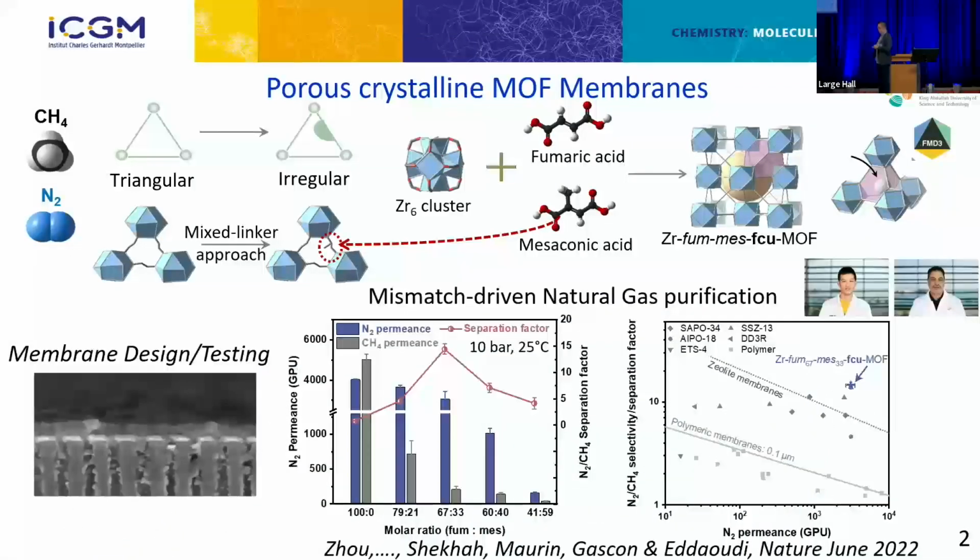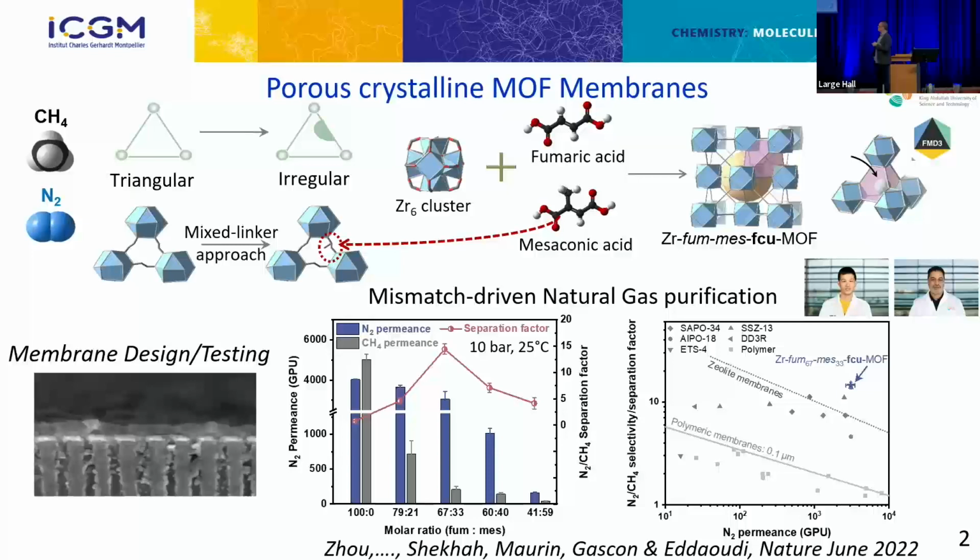And here is a beautiful work that has been done by Cheng and Osama to prepare the corresponding membrane. You see in this graph that for a ratio of 1:2, with 1 mesaconic and 2 fumarate, you get a high selectivity of nitrogen over CH4.